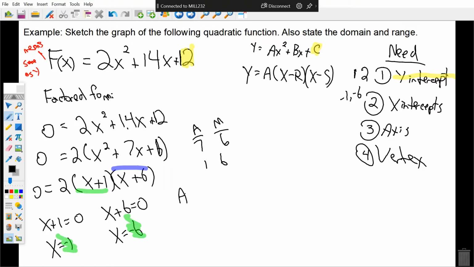So to find the axis, we go x equals r plus s divided by 2, which is negative 1 plus negative 6 divided by 2. Negative 1 plus negative 6 is negative 7. Negative 7 divided by 2 is negative 3.5. So the axis is x equals negative 3.5.